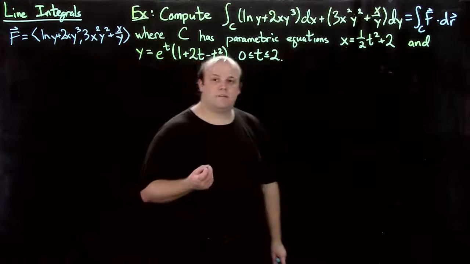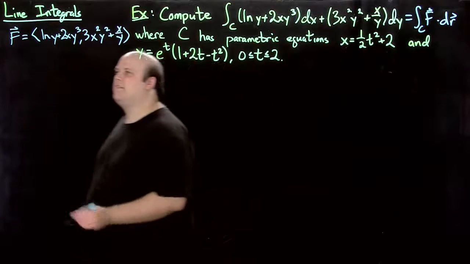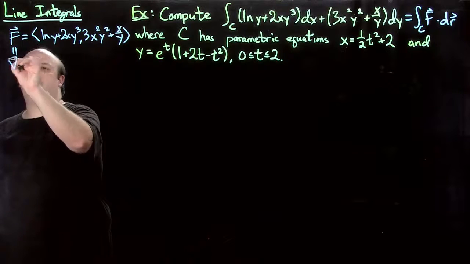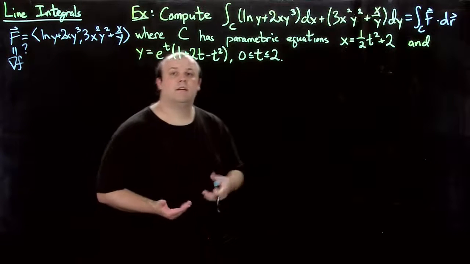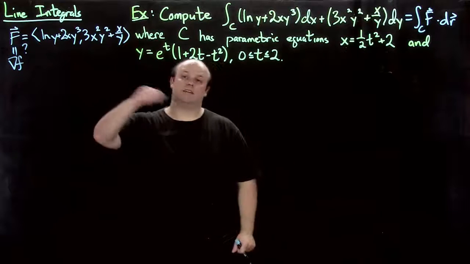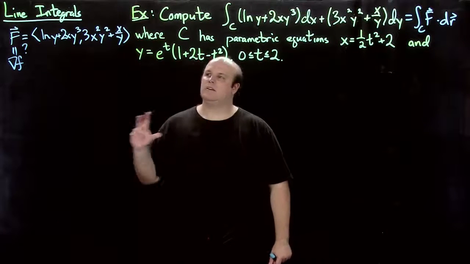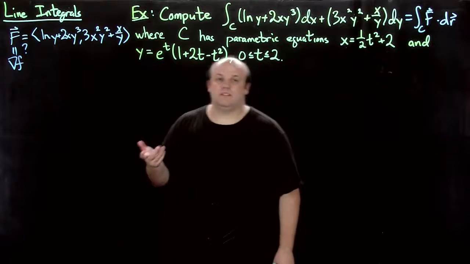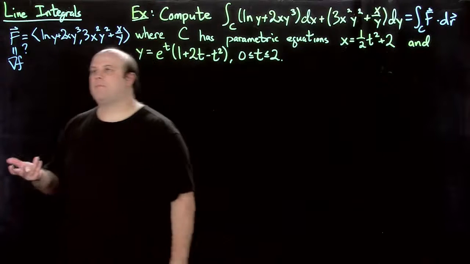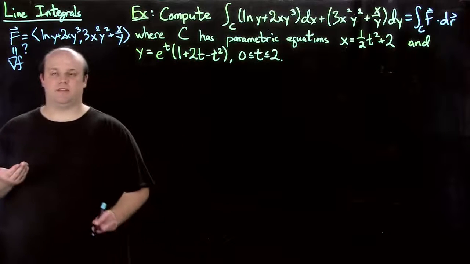But to use the fundamental theorem of line integrals, we have to ask, is this equal to the gradient of something? In other words, is that a conservative vector field? And, you know, it's not obvious, right? So how can we check such a thing?